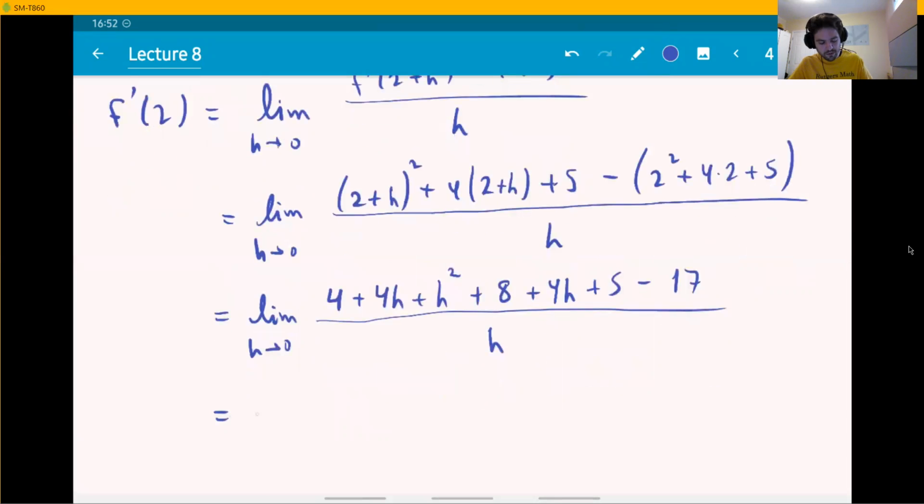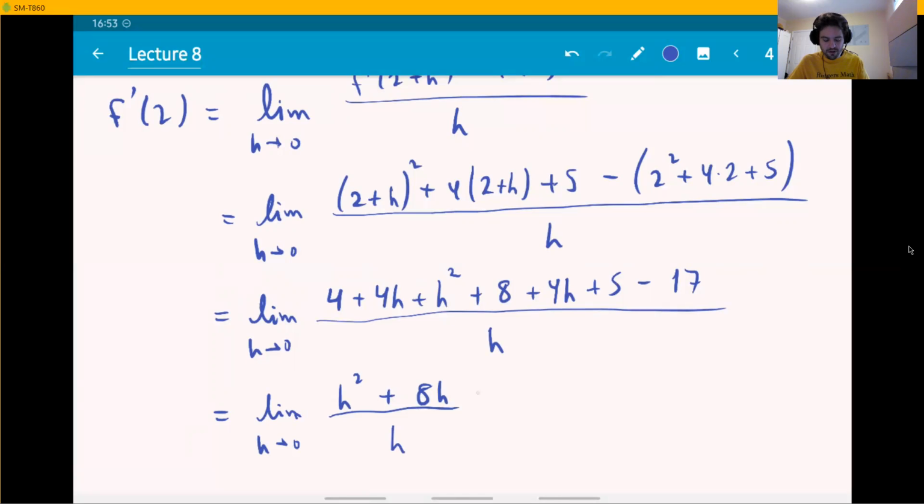All right, now I'm going to group together the similar terms. There is just one h squared. Then there are two instances of 4h. And what do the numbers give you? 4 plus 8 is 12, plus 5, 17, minus 17. So there are no numbers left, which we could probably have guessed. Remember, I told you this limit will always be of the form 0 over 0.